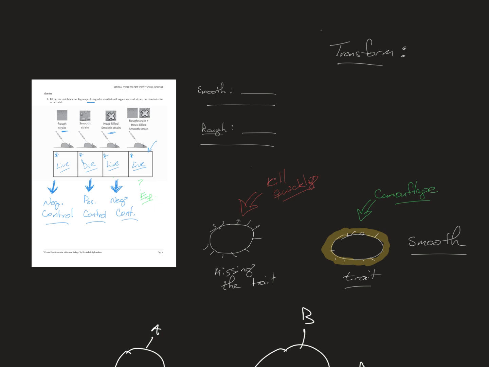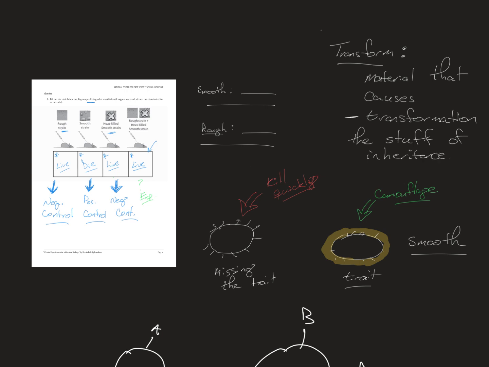It's the material that causes transformation that would be the stuff of inheritance.